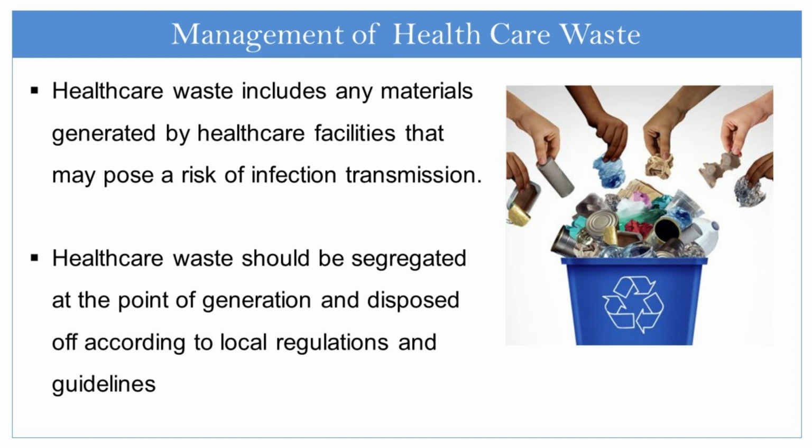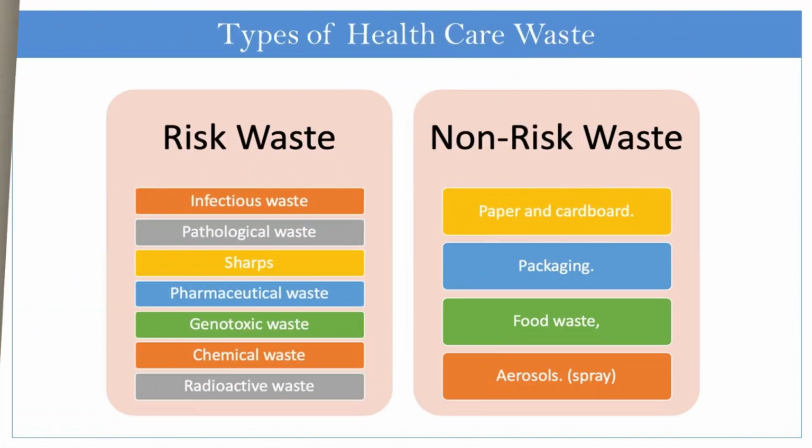Number 1, the risk waste, such as infectious waste, pathological waste, sharps, the pharmacological waste, genotoxic waste, chemical waste, and radioactive. So this is a risk factor. Non-risk waste which are present in the hospitals are the paper and the cardboards, the packaging, the food waste, and aerosols, that is the sprays.